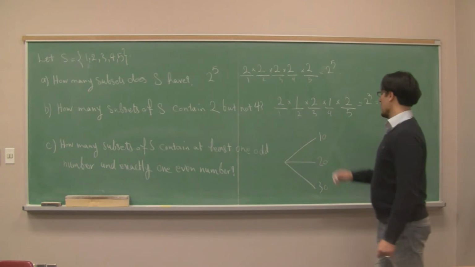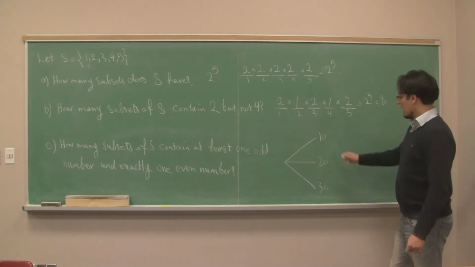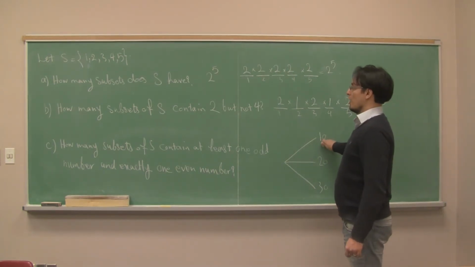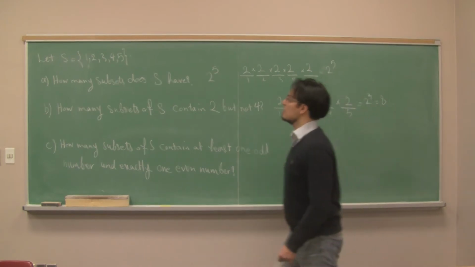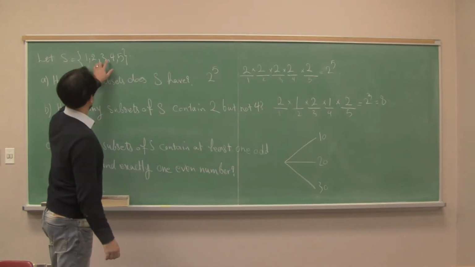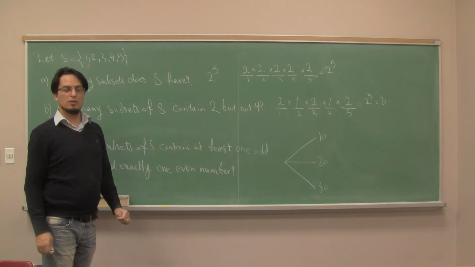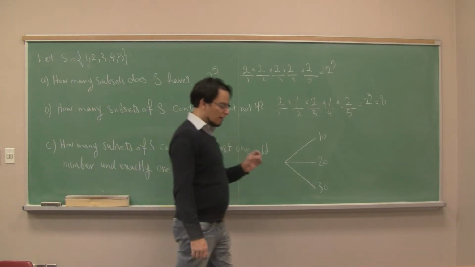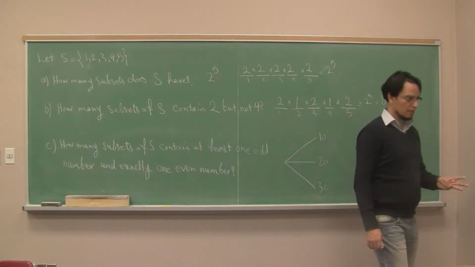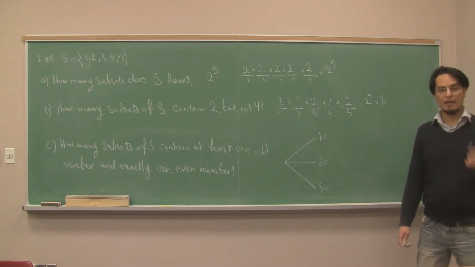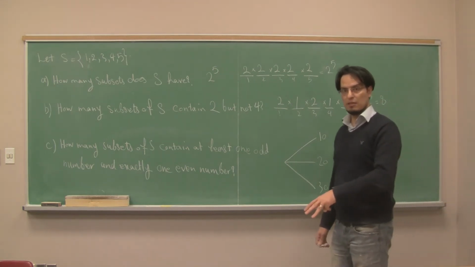Let's see what would happen here. So I have exactly 1 odd. How many odds do we have here? 1, 3, 5. So you choose one of these 3 and include it in the subset.